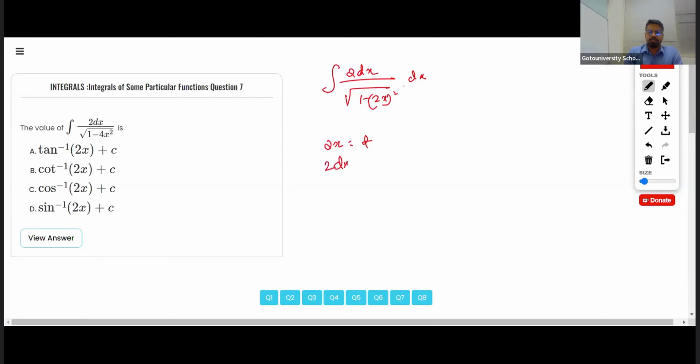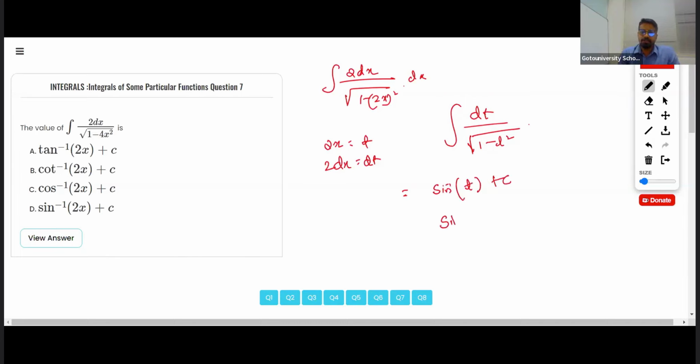If you take 2x as t, then 2 times dx is equal to dt. Our problem changes to dt divided by root of 1 minus t squared, which is sine inverse of t plus c.